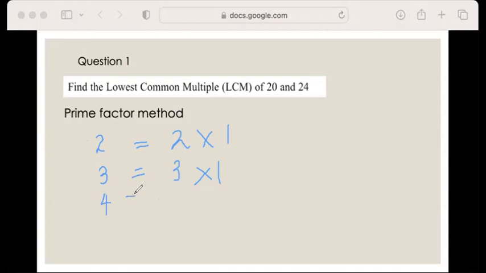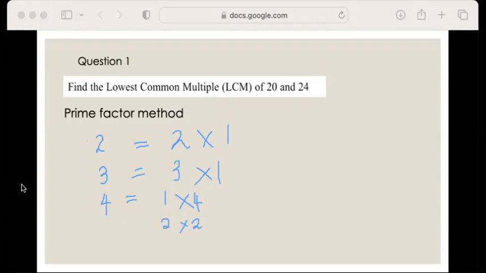4, let's say. There is a factor of 4, that is 1 times 4 or 4 times 1. And there's another factor also, 2 times 2. So this means 4 can be divided by 4. 4 divided by 4 is 1. 4 can be divided by 1. That is 4 divided by 1 is 4. But 4 also can be divided by 2. 4 divided by 2 is 2.